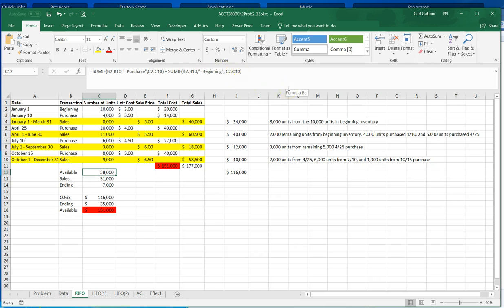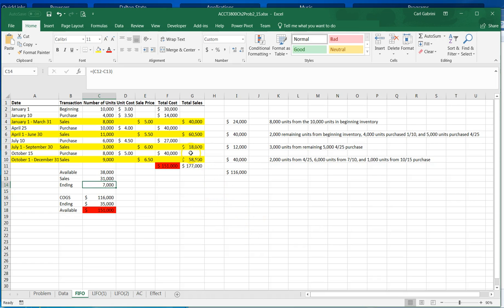So this is a compound formula where I took two SUMIFs and added them together to come up with the available units of 38,000. Then sales is just SUMIF it was sales, and so we get 31,000 units in sales, and the difference between the two is what we have in ending inventory.